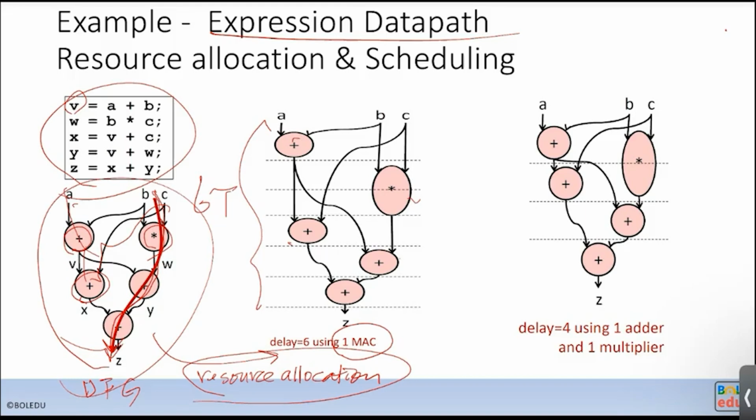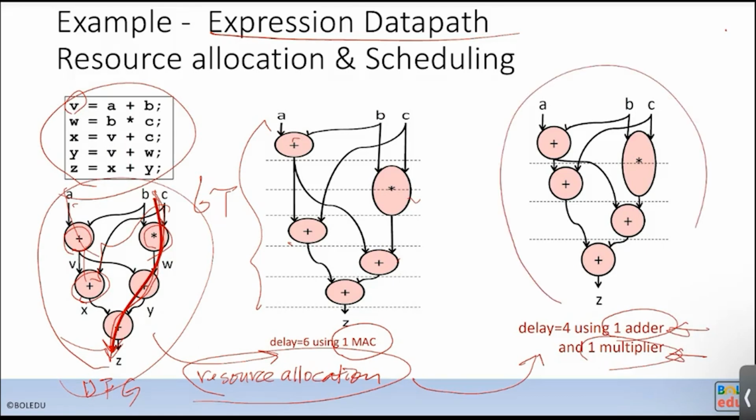And if the user specifies, okay, I can use one adder and one multiplier, providing two operator resources, then the data flow graph can form like this. It takes only four cycles to complete the operation, so you can have the adder and multiplier running at the same time.